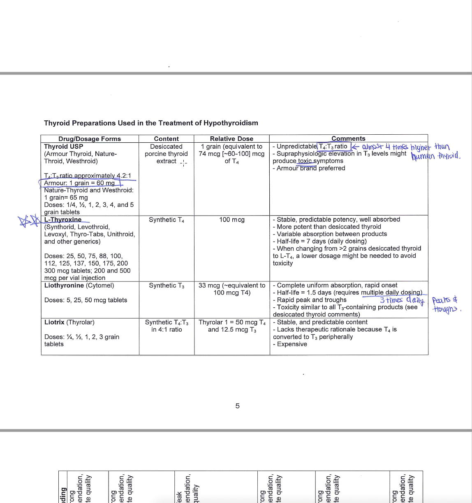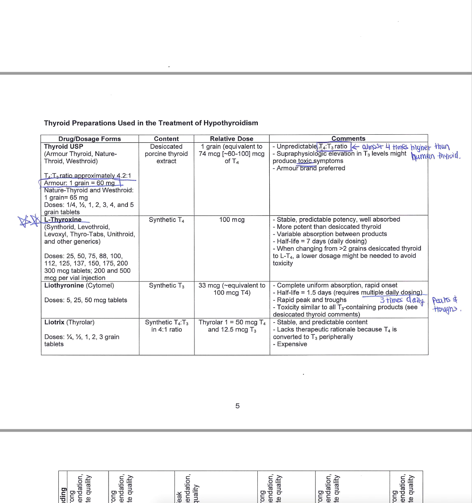We used to have pork, beef, and sheep extract, but now almost all of them are from porcine, so basically from pork. So this is an animal source of thyroid hormones. Some patients may consider this a more natural form because it's naturally occurring thyroid hormone, but remember this is from an animal source, so it is really unpredictable.